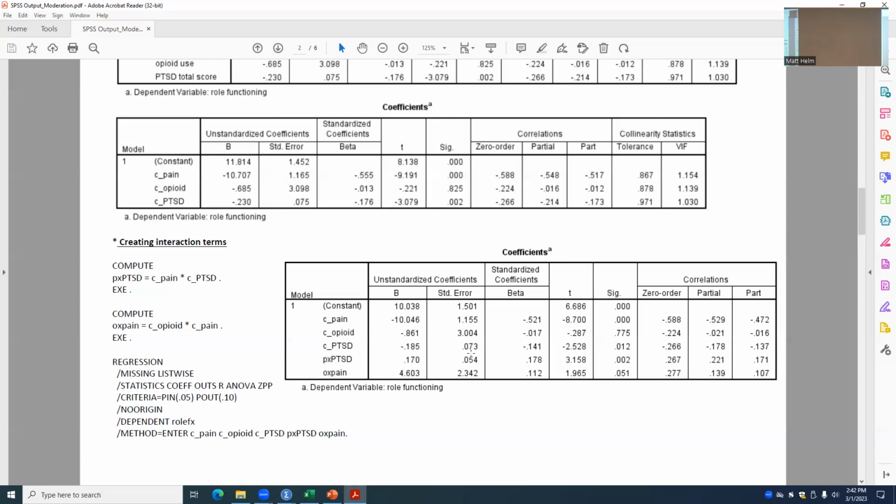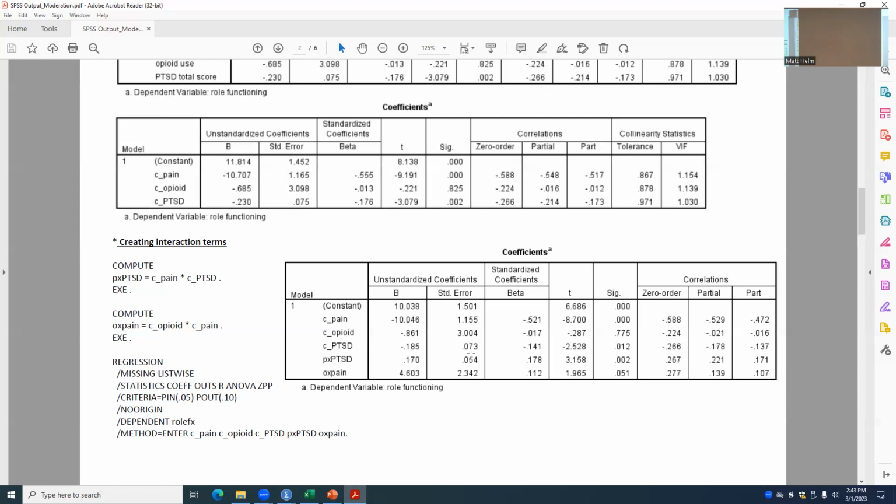And this is the unique effect of pain at average levels of opiate use, controlling for opiate use. So we're taking that sort of on average, okay?